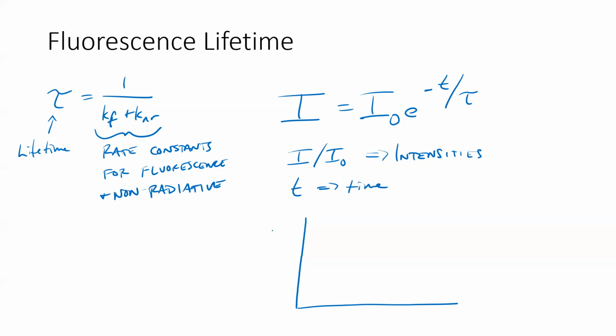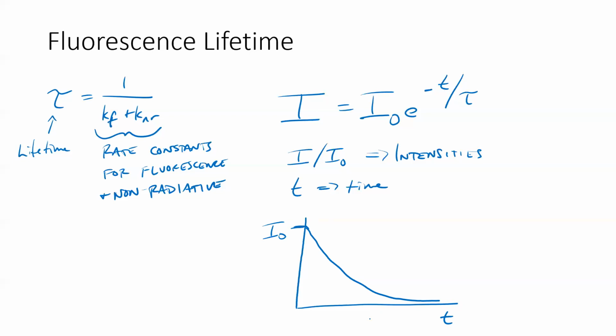And so if we shine this light for 5 nanoseconds, we've got to measure it quickly to see how that fluorescence decays. If we're looking at intensity versus time, since there's an e here, we expect to see this exponential kind of decay in intensity. And so this is our I naught, right?